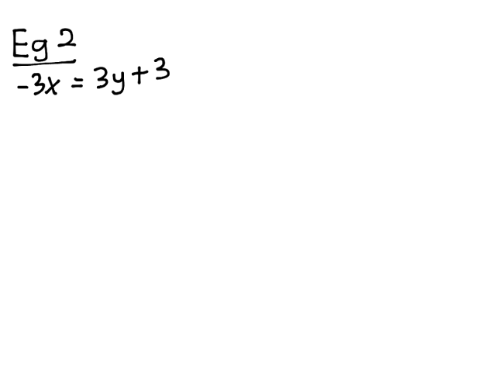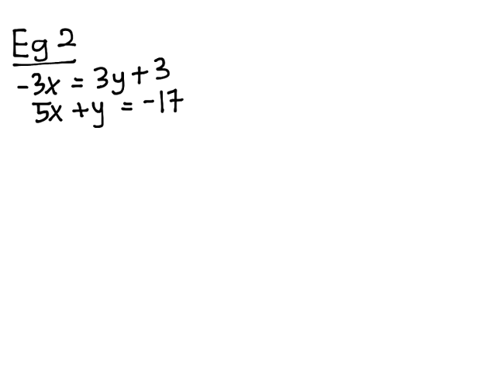The second equation given to us is 5x plus y equals negative 17. So we want to solve this system of equations using Cramer's rule.